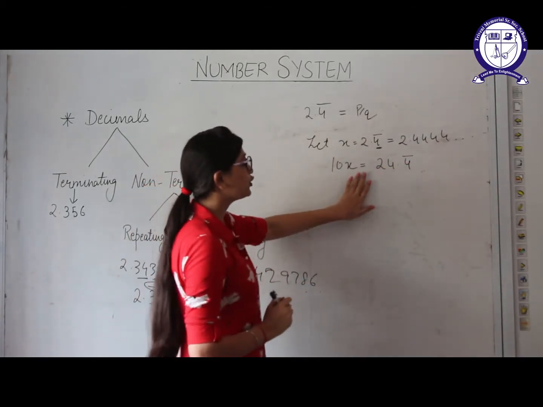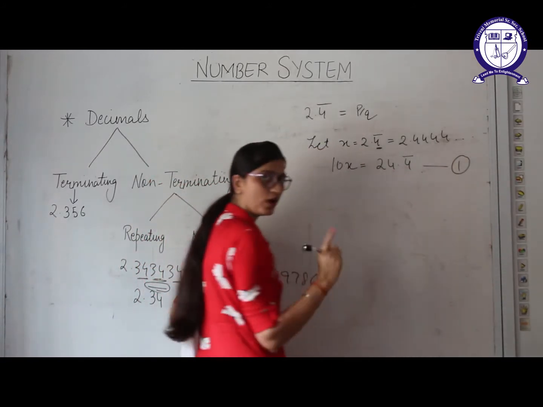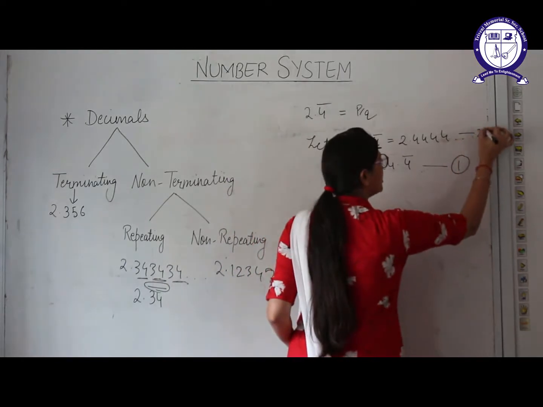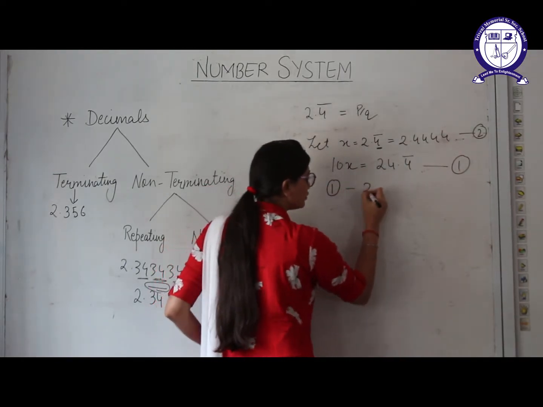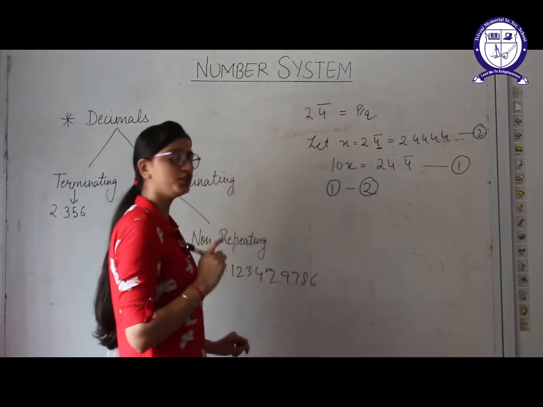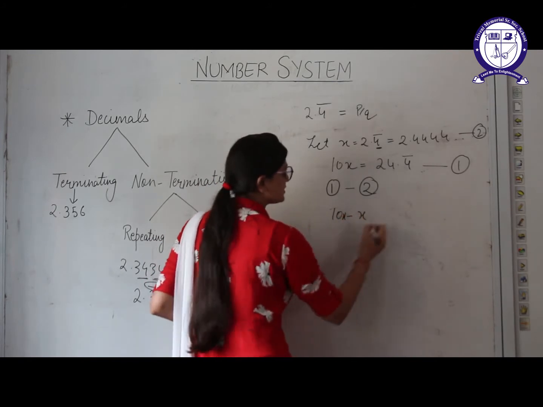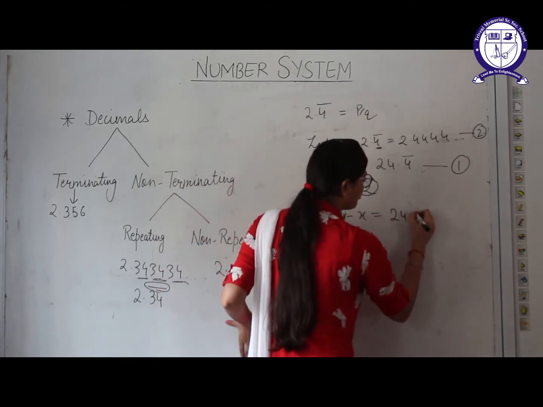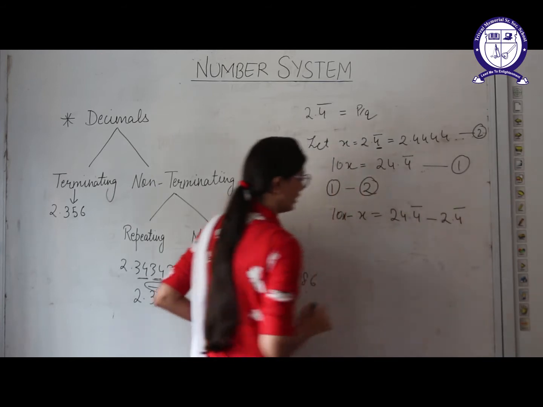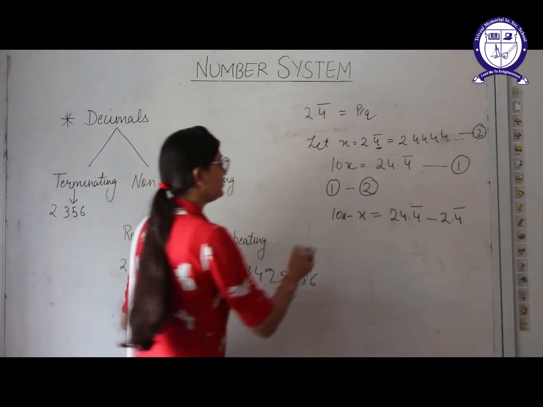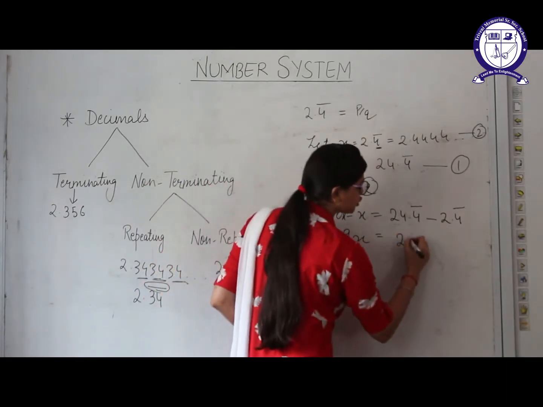Now we are going to subtract them. This is equation number 1. This is equation number 2. We will do equation 2 minus equation 1. So 10x minus x is equal to 24.4 bar minus 2.4 bar. 10x minus x will be 9x, and it will be 22.